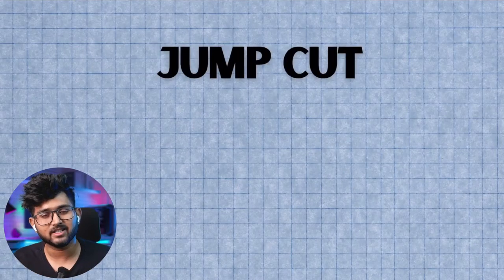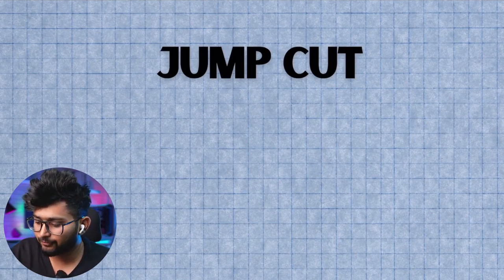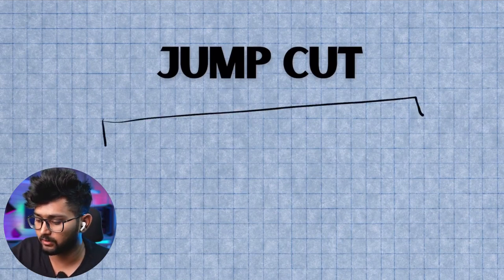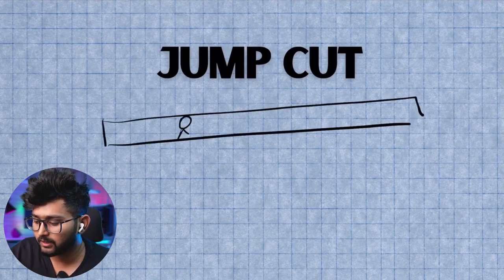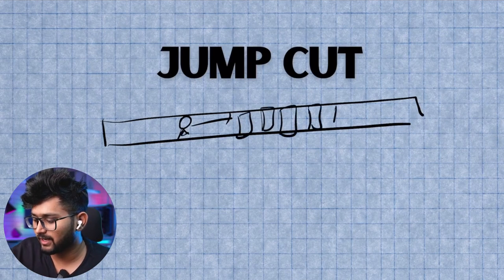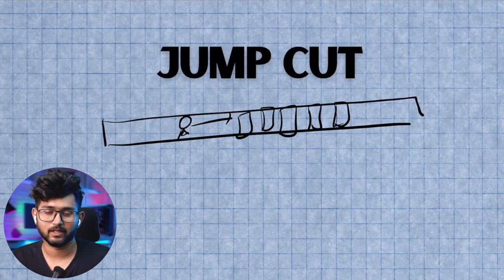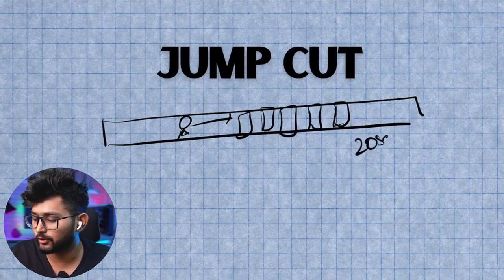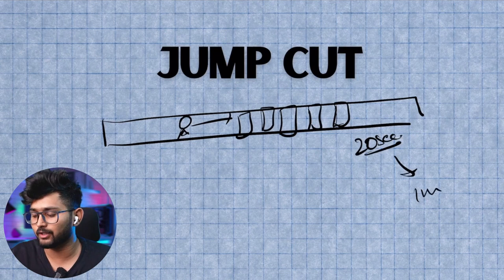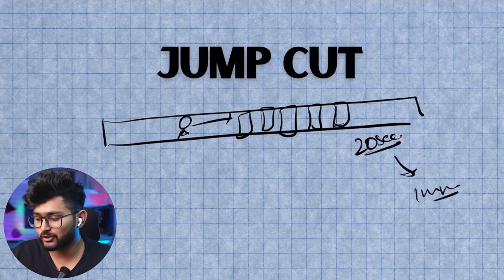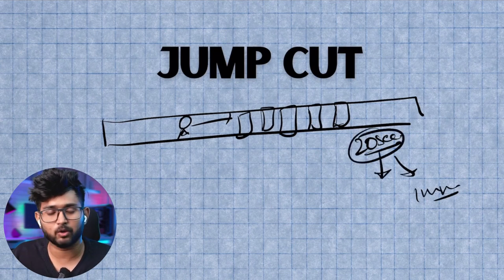So what is a jump cut? Basically, imagine you have a 20-second scene where a girl is trying to fill water bottles, and she takes around 20 seconds to do it. But if you're making a 1-minute video, you can't just show the girl filling water bottles for 20 seconds.